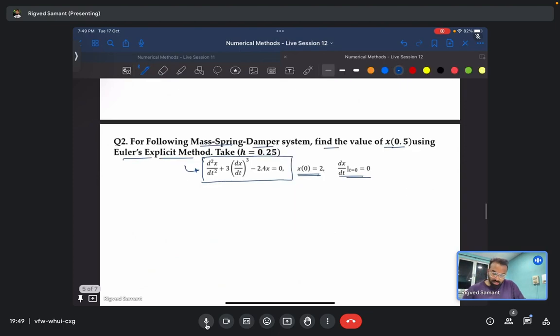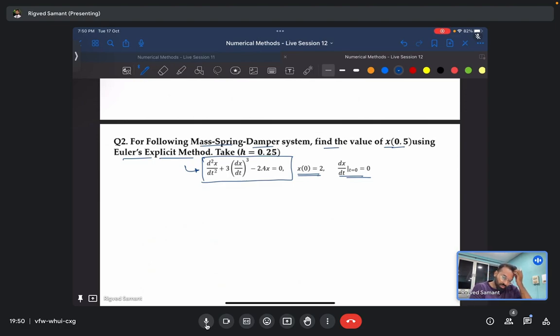How to solve this one? What is the problem with using Euler's method as it is? Euler's method is only applicable for an ODE of the first order. Now this is an ODE of the second order, right? So we can do some substitution.